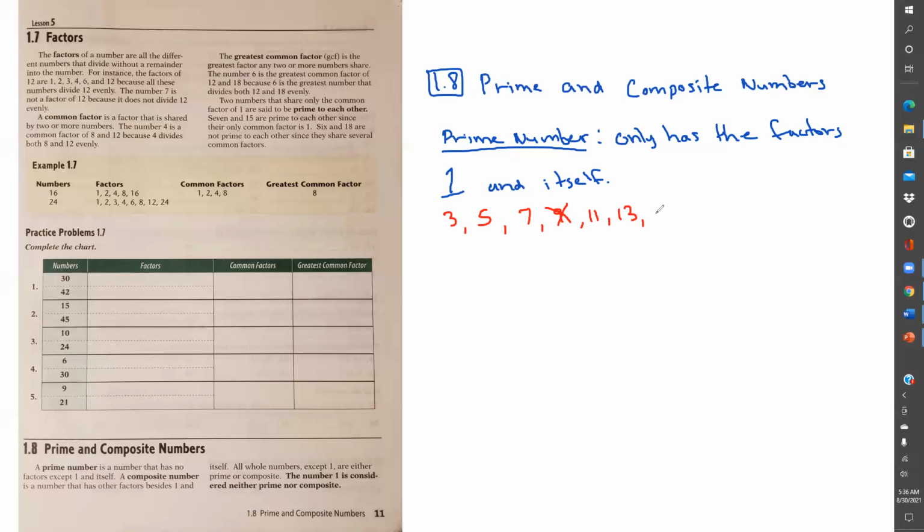So again, just think through if there's any other way to make that number besides 1 times that number. All right, so then that brings us to our composites. And our definition for composite is basically if the number has factors other than 1 and itself.